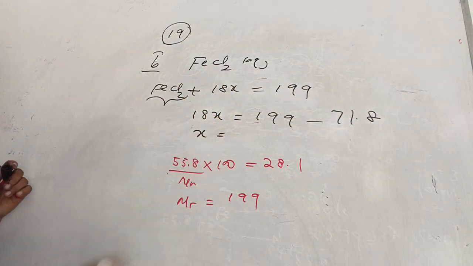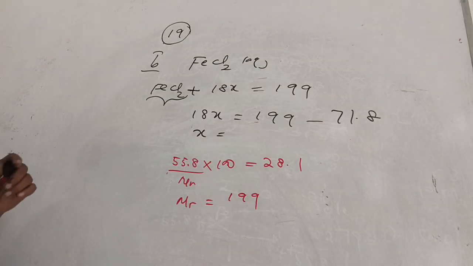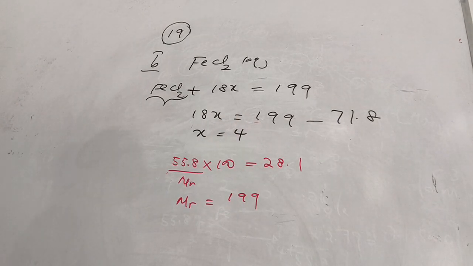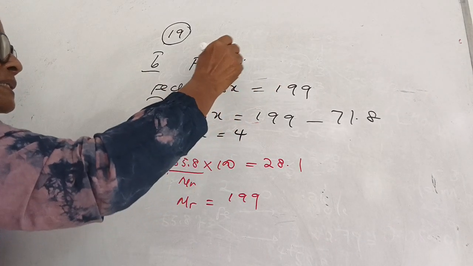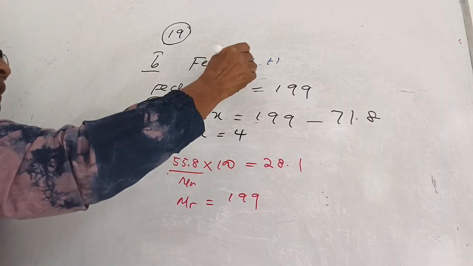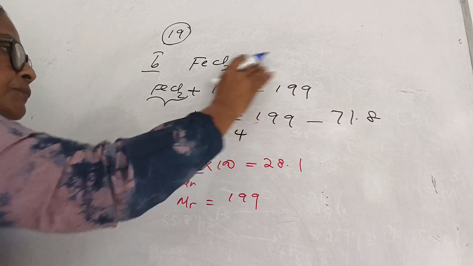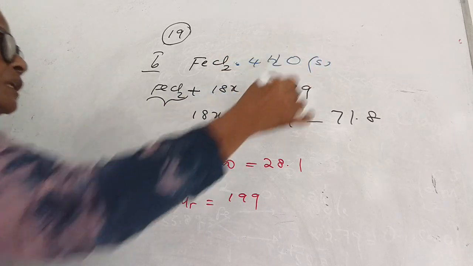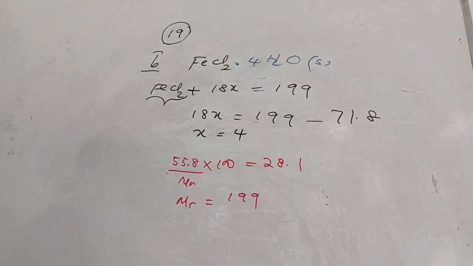Therefore X can be simplified from that, and it equals 4. So FeCl2 is attached with 4 water molecules. This X value equals exactly 4, so this is dot 4H2O, the solid iron 2 chloride crystallized from this aqueous solution.